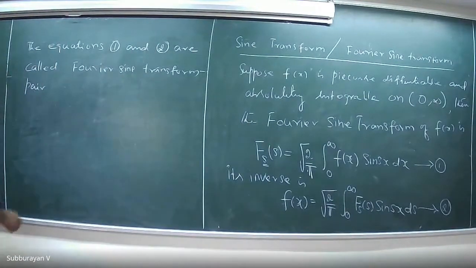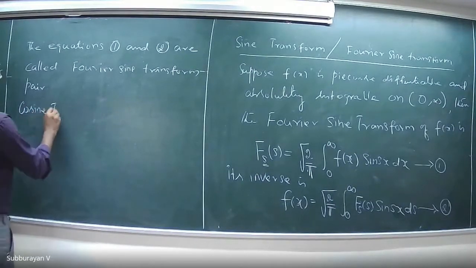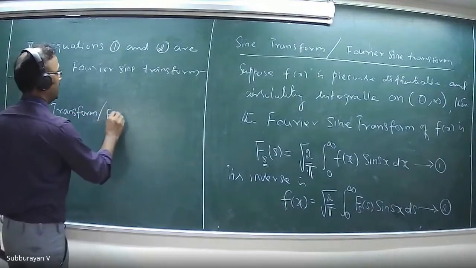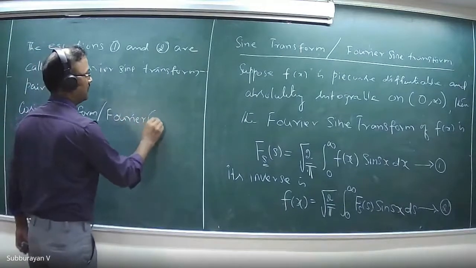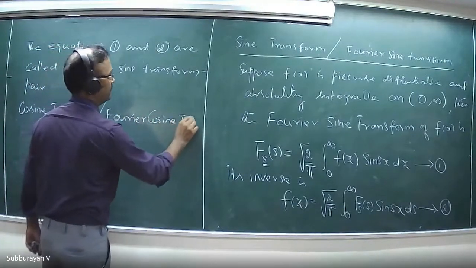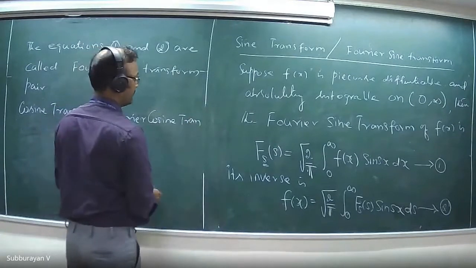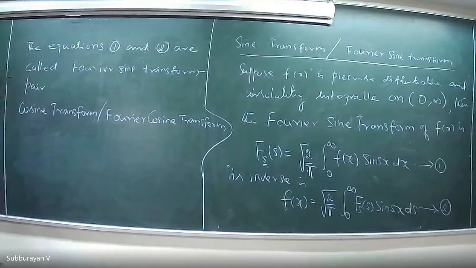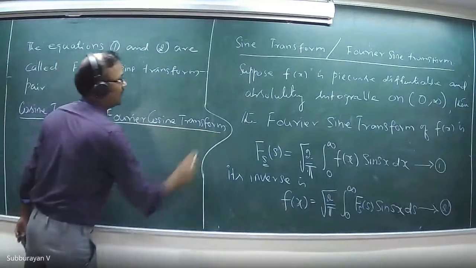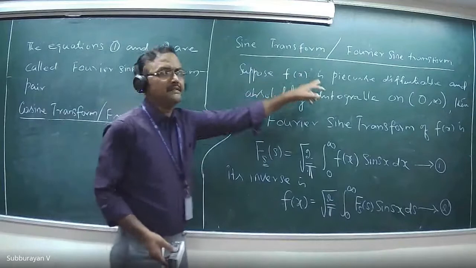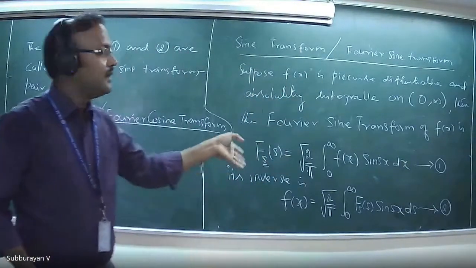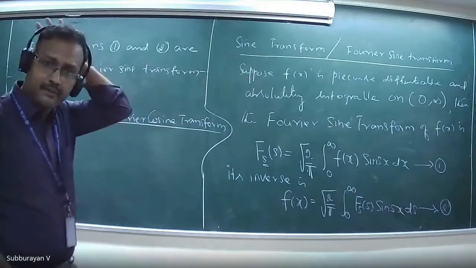Next definition, cosine transform, or Fourier cosine transform. Similar to this, all these conditions: f of x is piecewise differentiable, and it is absolutely integrable on the interval 0 to infinity.